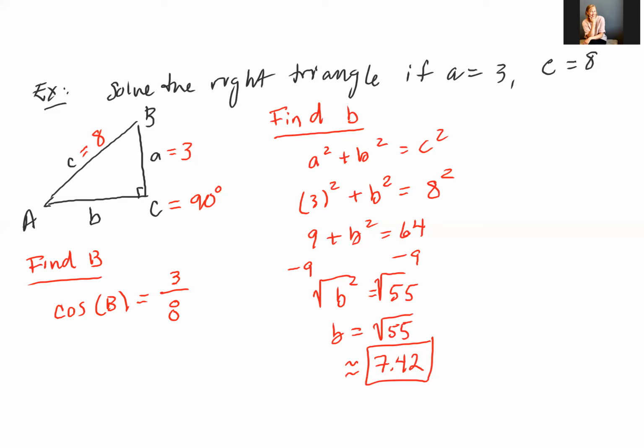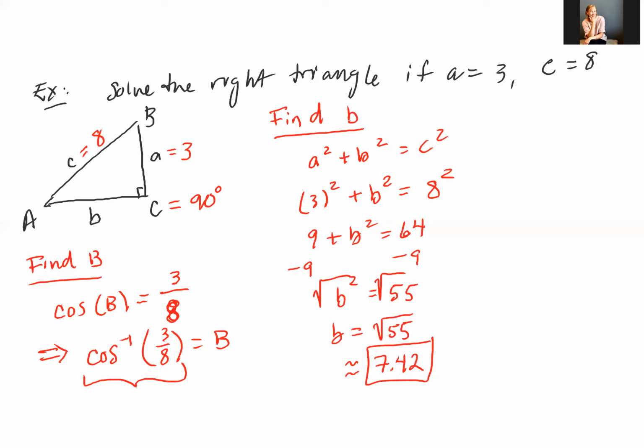And now if I want to solve for B, I can rewrite this using the inverse. This means that the cosine inverse of 3/8 is equal to angle B. I can use the cosine inverse option on my calculator to solve this. Cosine inverse of 3/8.